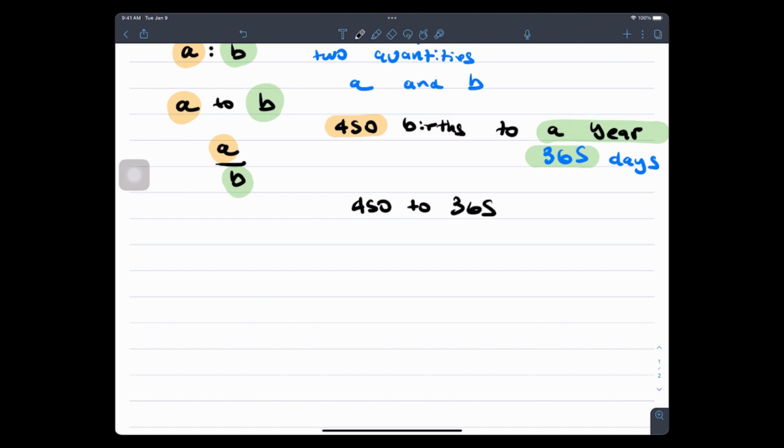But that 450 represents something. We can describe it as 450 colon 365. What does that 450 represent? Births. What does this other number represent? A year.